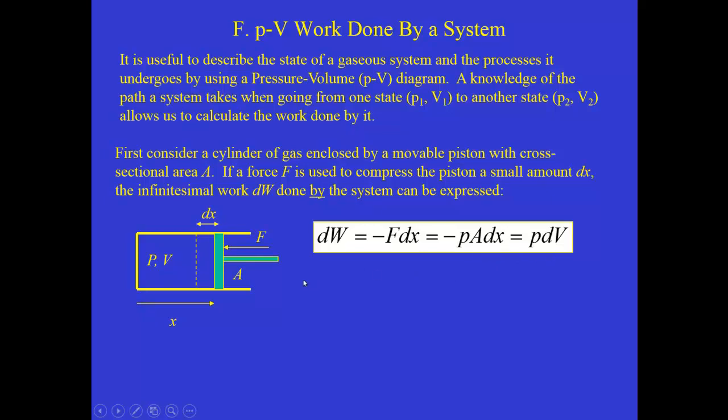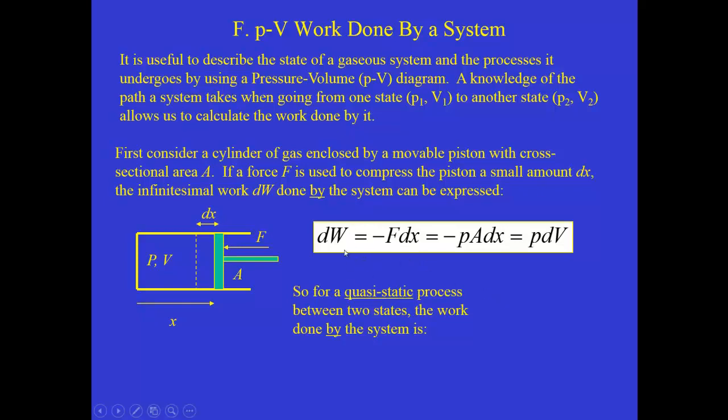But when we do that, we have to realize that in a compression process the volume goes down, right? So A dx and dV have opposite signs. So that means that the amount of work done by the system in this process is P dV. If the volume goes up, then the work done will have a positive sign. If the volume goes down, then the work done will have a negative sign. And that makes sense.